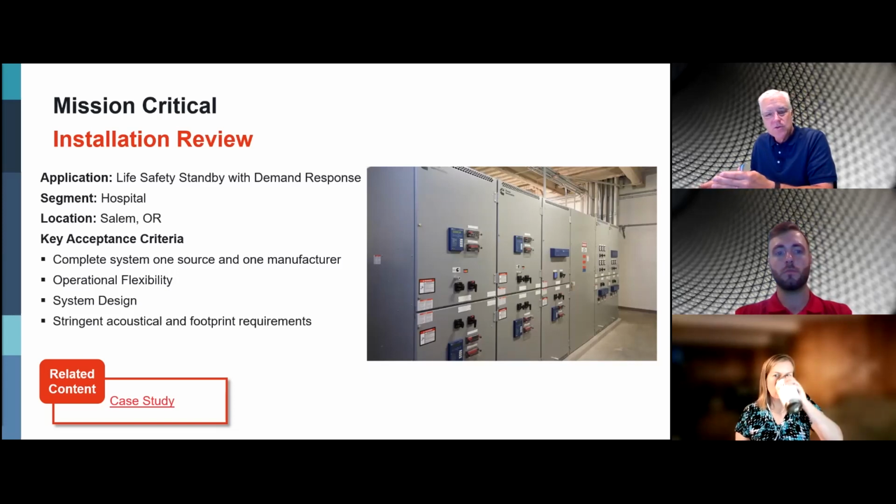So the application was, of course, an emergency standby system, with the power source being the local utility, which in this case is Portland General Electric, which we will refer to as PGE.